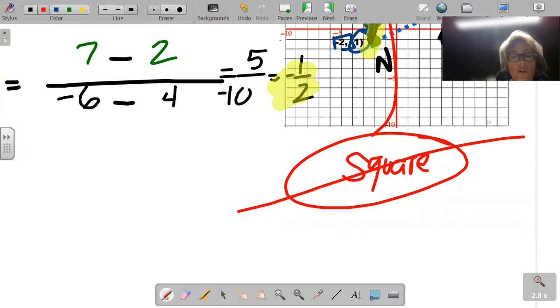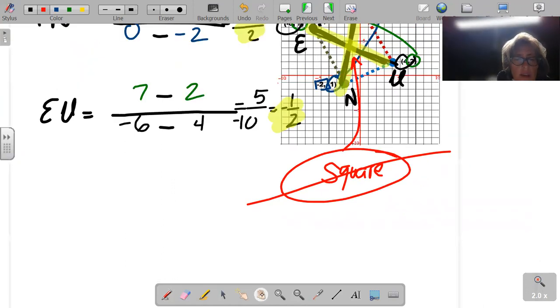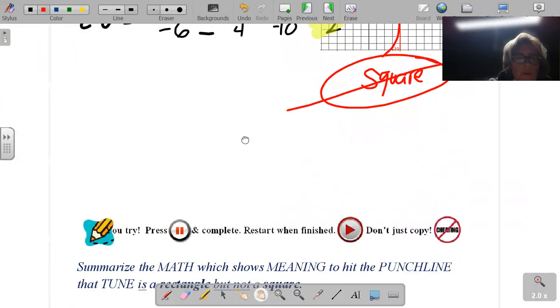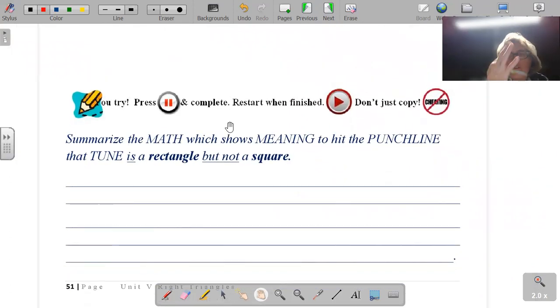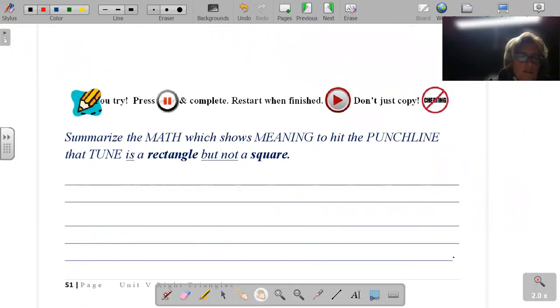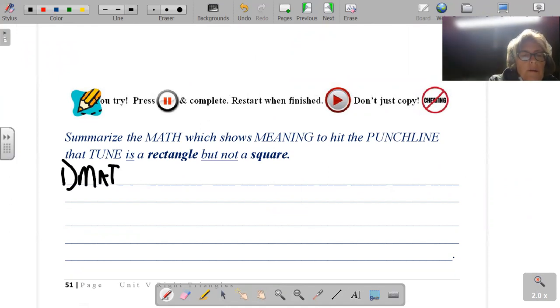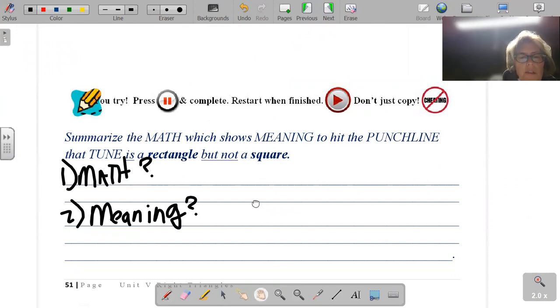Now, what your job is, and I'm not writing this for you, is you are writing 3 sentences. In your sentence 1, you're going to cite your math. Sentence 2, what is the meaning of your math?